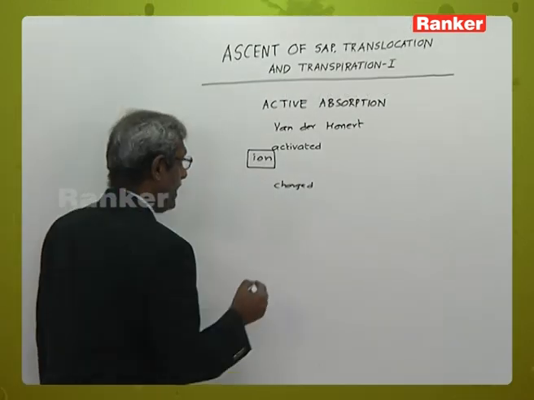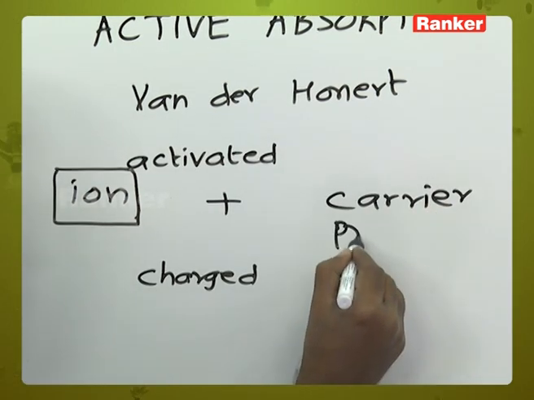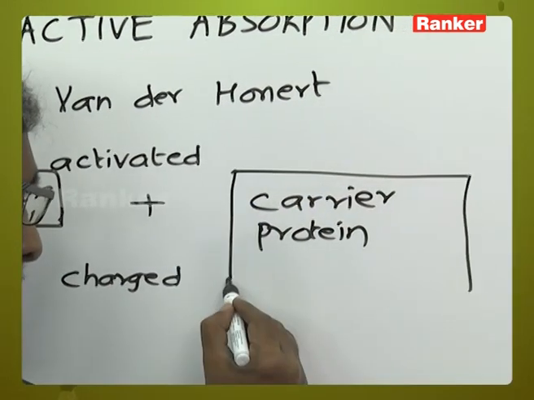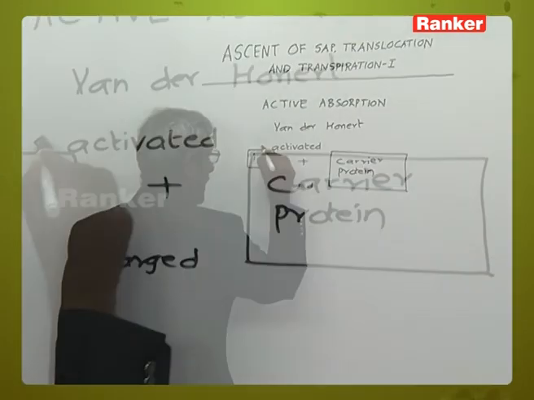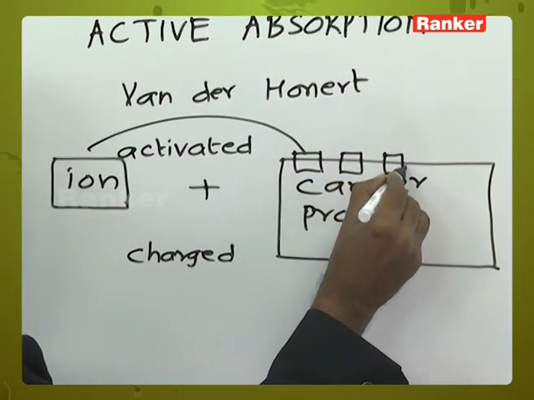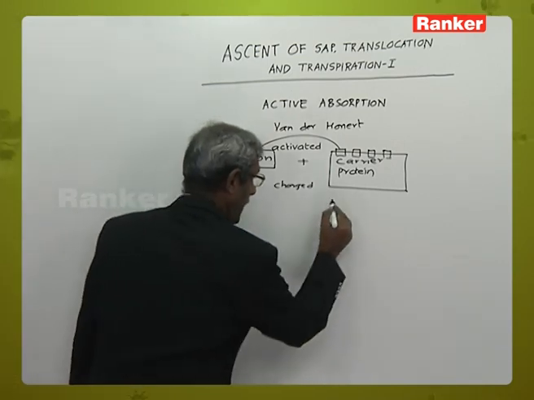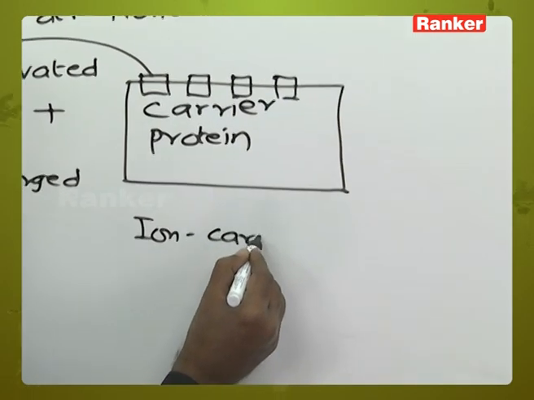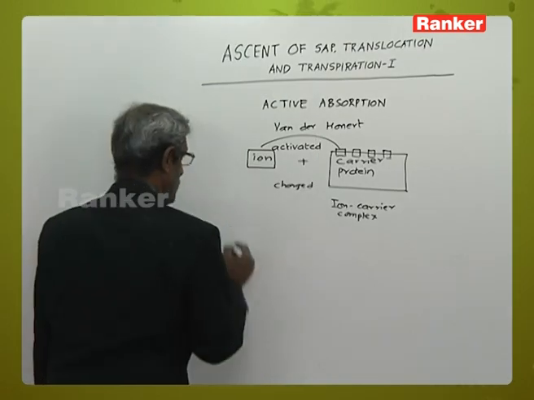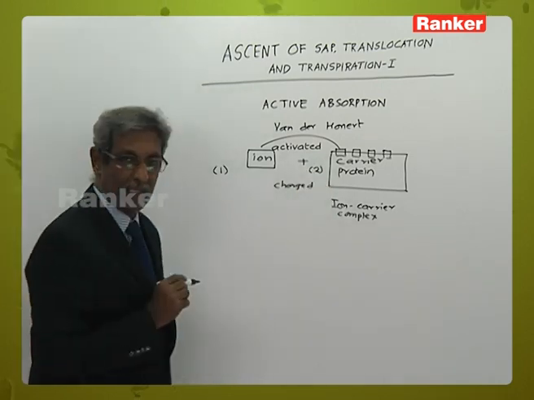This particular ion is added to a carrier protein. The carrier protein is a big bus, and the carrier protein carries the ions and it forms an ion carrier complex. So, first we have the ion which is charged, second it forms a carrier protein complex.